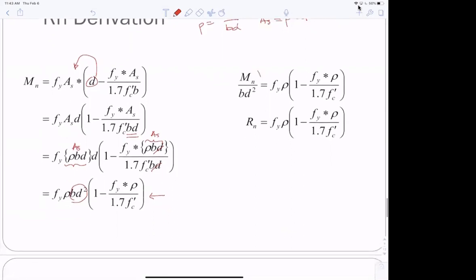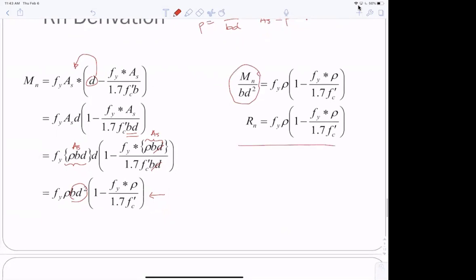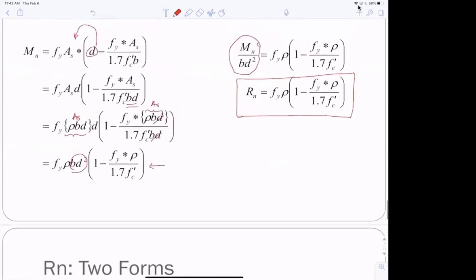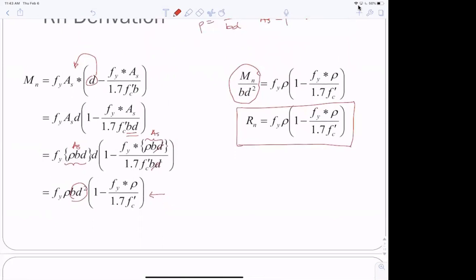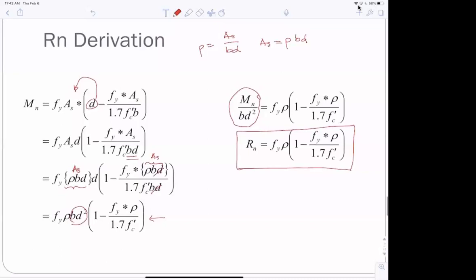Okay, so you have this. Okay, so you get Rn equals this. Now, this equation here is very, very handy. I have this equation in my calculator. I use this equation a lot, and it is very handy, especially when we do design.